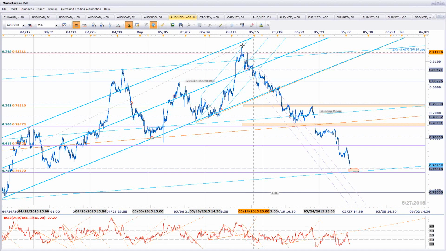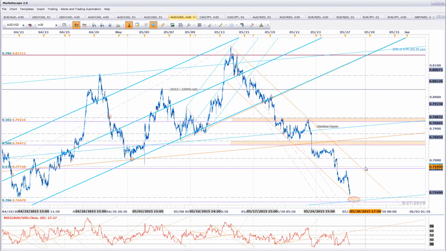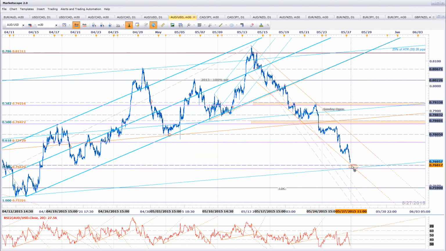Also, guys, sorry, I'm just eyeing things out while we're looking at this. Also want to see if this offers any guidance to price on a basic channel support. You can see if we draw this properly, it kind of just jumped out at me while I was looking at this. Also highlights that key support region that we're coming into right around 76.80, 76.70.